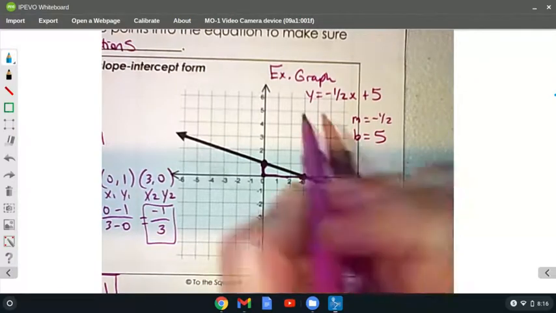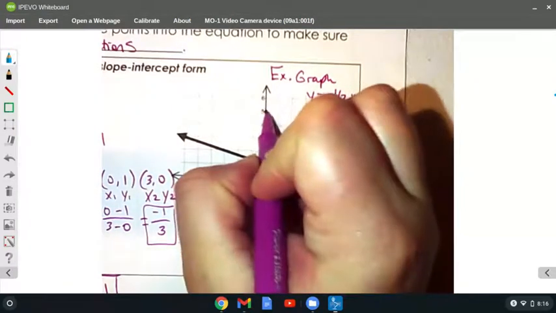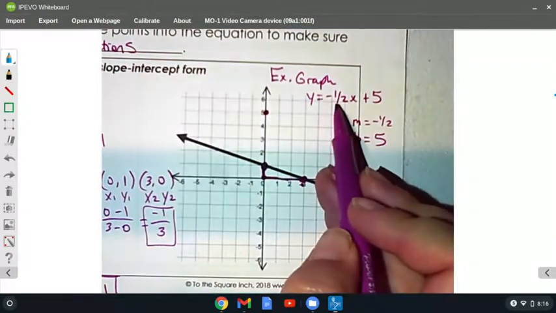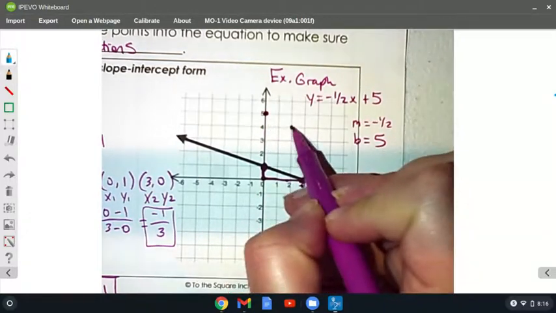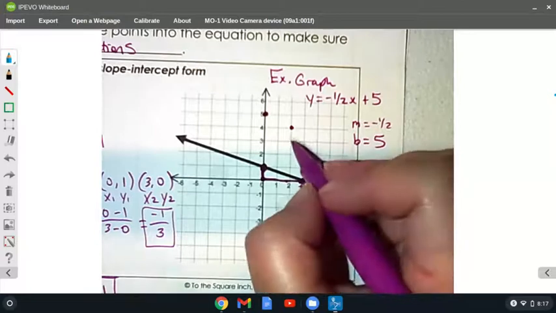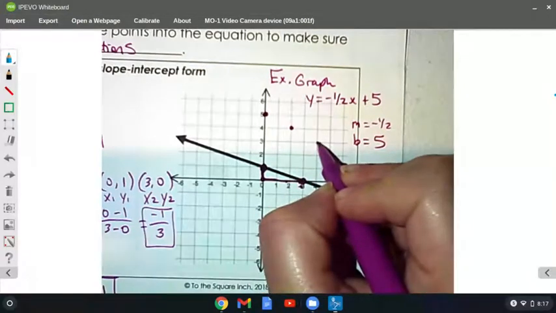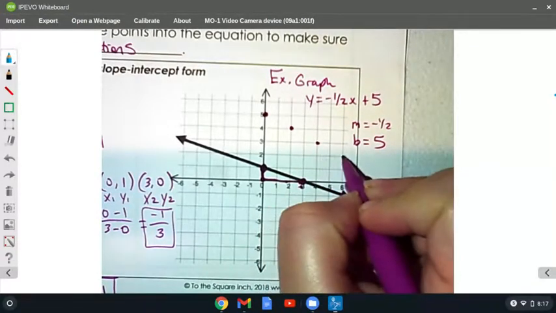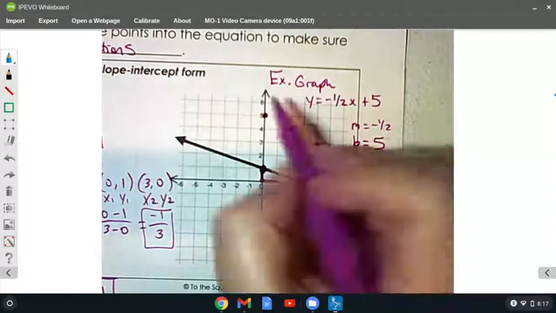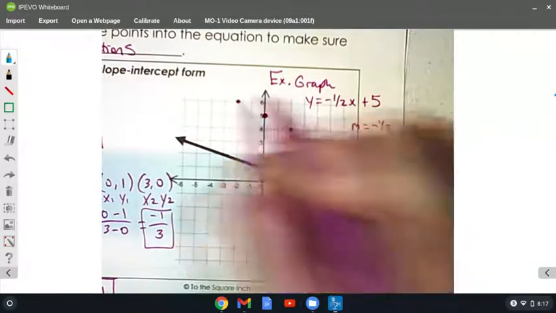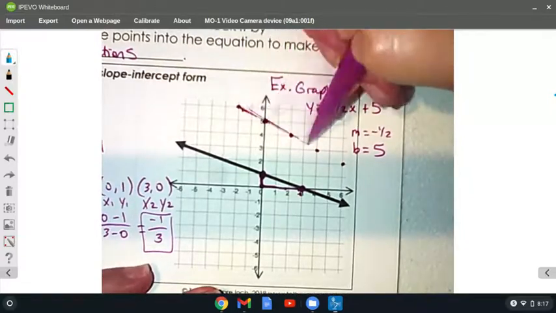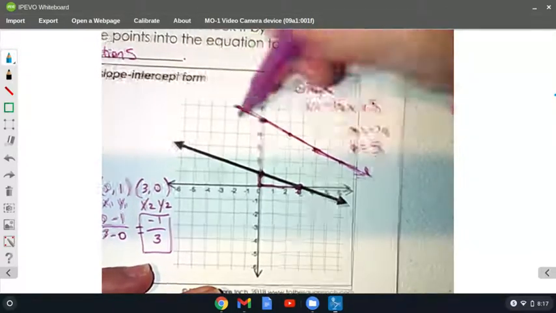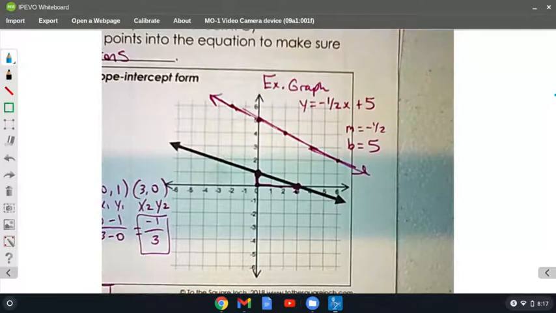I've got to start at my y-intercept of 5 and put a dot there. And then my slope is negative 1 over 2. So I'm going to go down 1 over 2. Down 1 over 2. If I want to go the opposite way, I'd do the opposite. I'd go up 1, left 2. And then I just have to connect my dots. And I have my line.